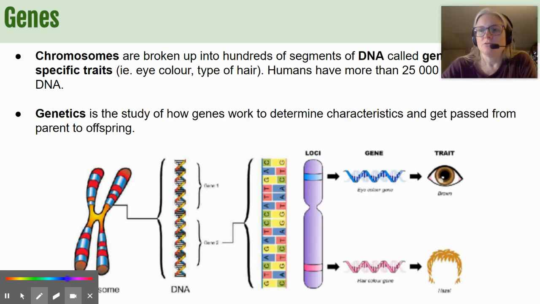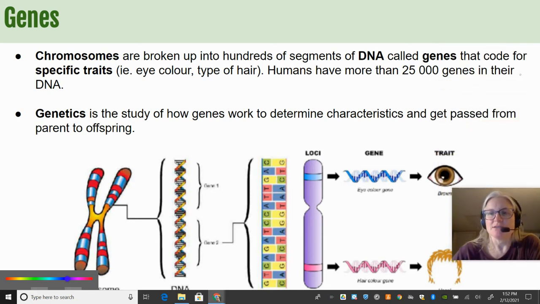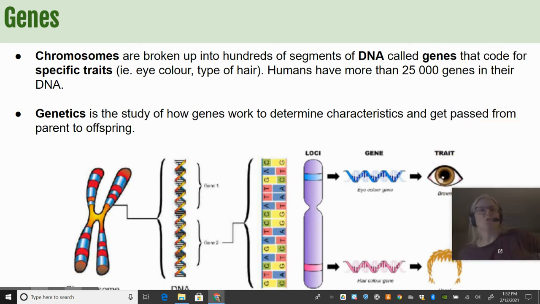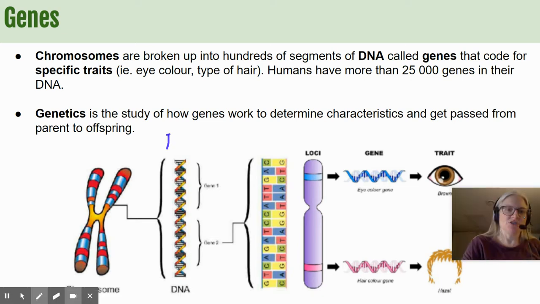All right, so now let's talk about genes. We've heard lots about genes. So chromosomes are, remember, big, long DNA chains, right? It's just a whole bunch of DNA that's coiled up into smaller compact units. But if you uncoil the DNA, it's actually made up of, or coding for, genes.